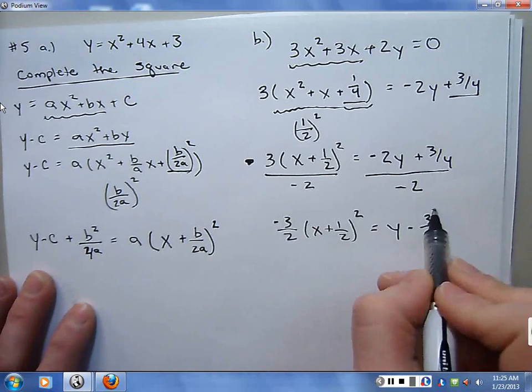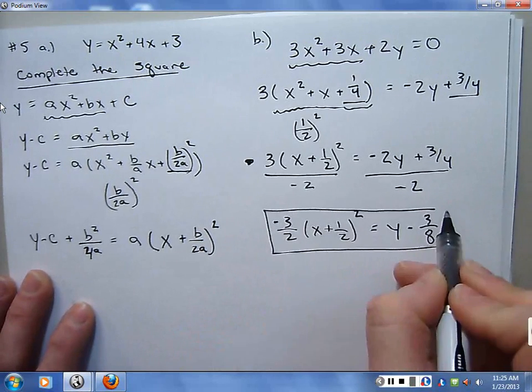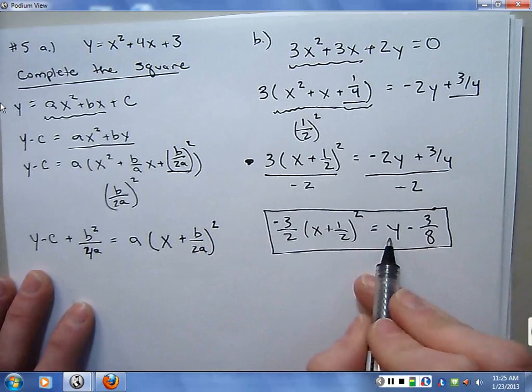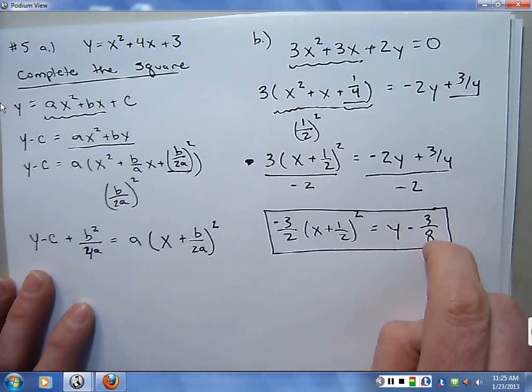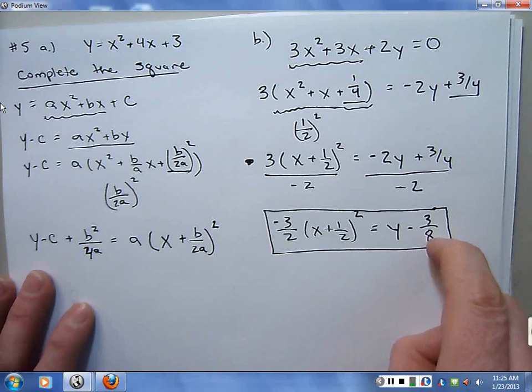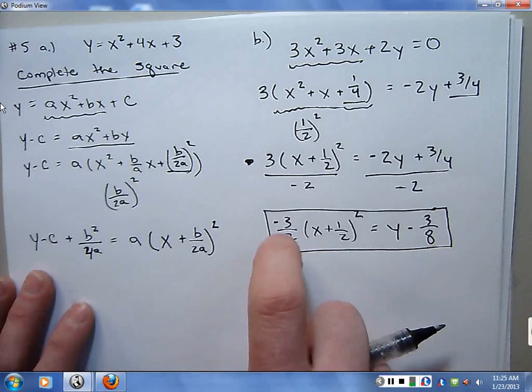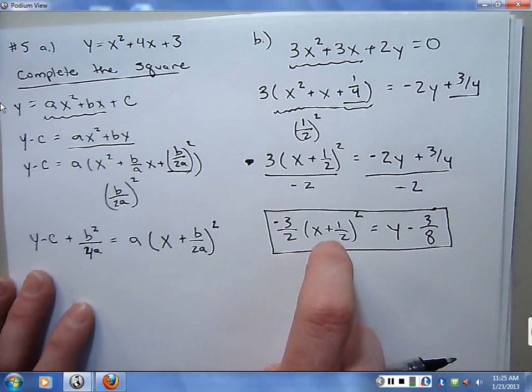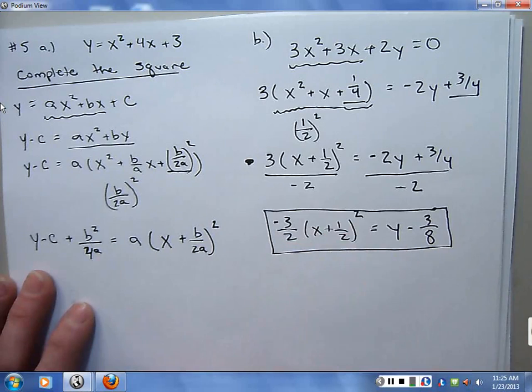And this would be the form they wanted it in. The coefficient on y is 1, plus some constant, they call it b, or minus some constant, and then some constant times x minus a constant or plus a constant squared.